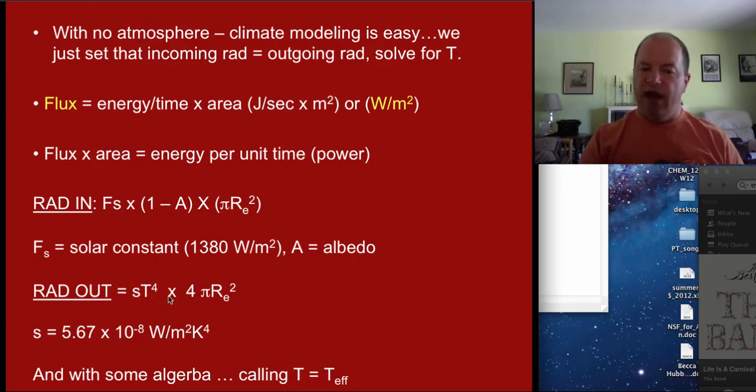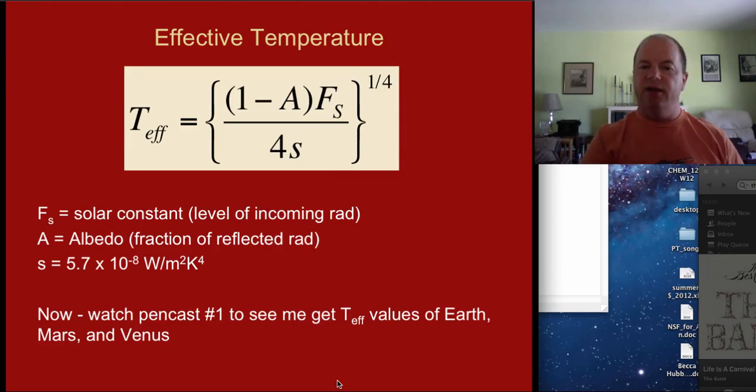And then if we have flux and we multiply by the total surface area of the Earth in this case, because the Earth would be radiating from all surface, the surface area of a sphere is 4 pi r squared. Set these things equal, call this temperature the effective radiation temperature, which is what astronomers call the temperature of a celestial body obtained this way with no atmosphere and no greenhouse effect, and voila, here's your effective temperature.